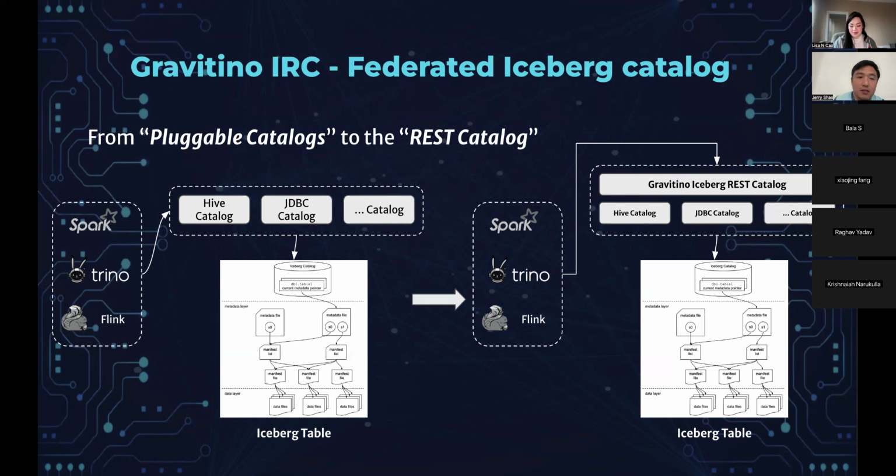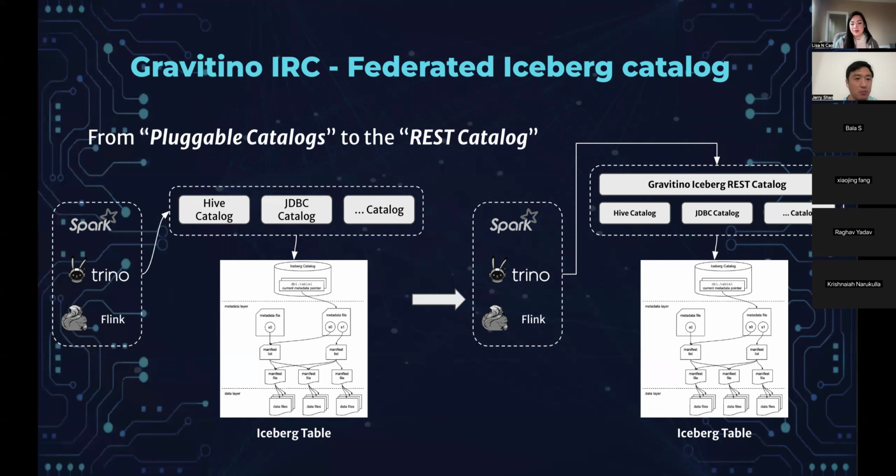The first thing I want to mention is how we build the Gravitino Iceberg REST catalog. The keyword is a federated Iceberg REST catalog. As Lisa already mentioned, Gravitino is a federated catalog or unified catalog, which means we are a catalog of a bunch of catalogs.